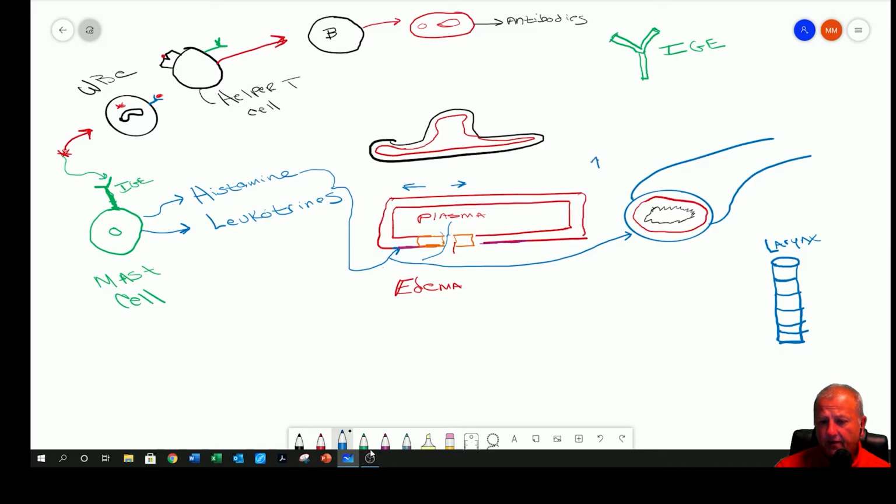So we're going to have an increase in edema and an increase in mucus. Another big thing that's going to happen is these leukotrienes working along with histamine are going to cause smooth muscles in the bronchioles to contract.